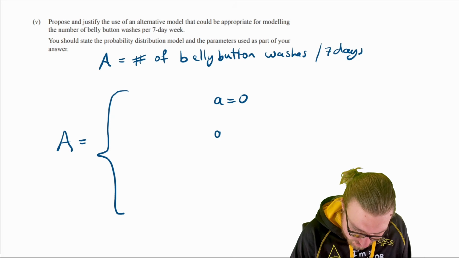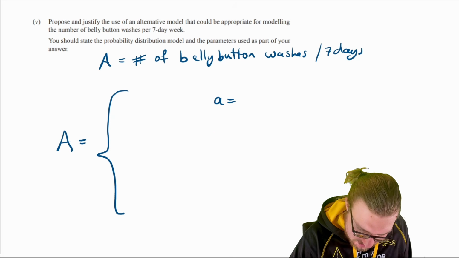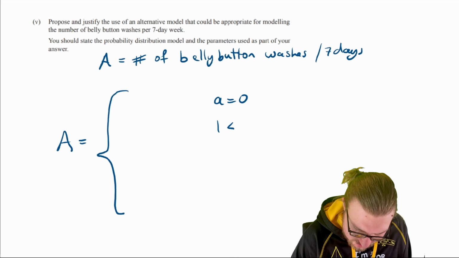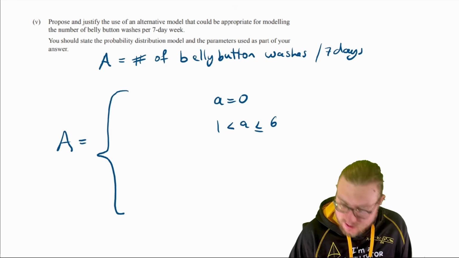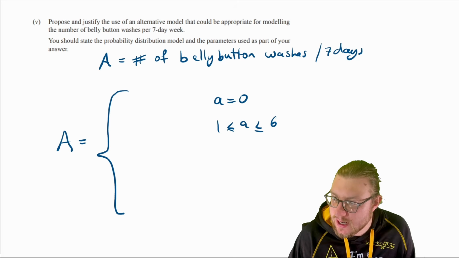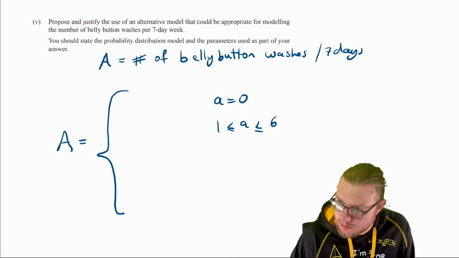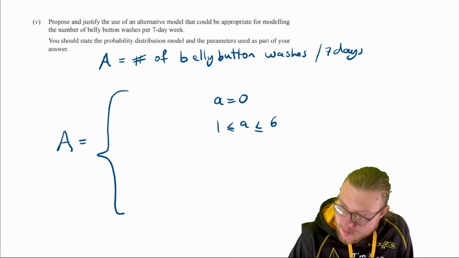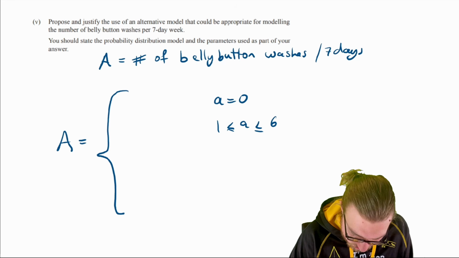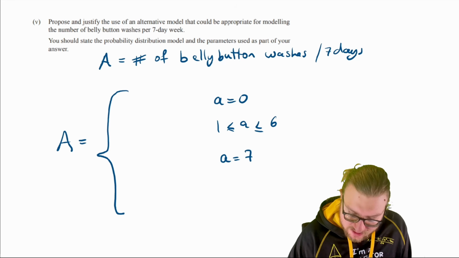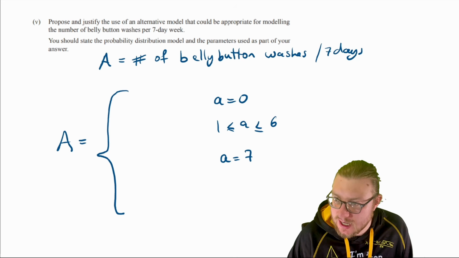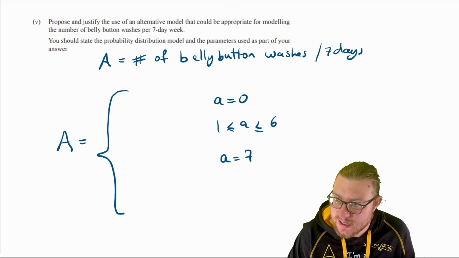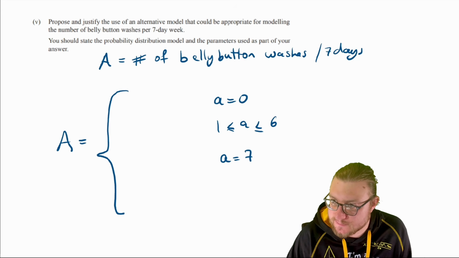Then for A between 1 and I think it was 6, so 1 less than or equal to A less than or equal to 6, and we're going to include 6 and include 1, so that all of our numbers are included. We've started at 0, we've done that. From 1 to 6 included is done. Then the last one is going to be above 6, so we're going to actually go A is 7. And we're not going to allow any other number between 0 and 7 and outside that range.